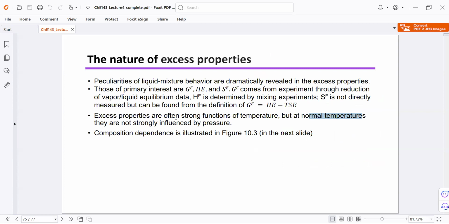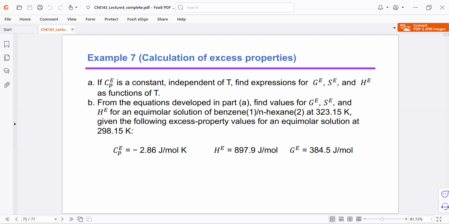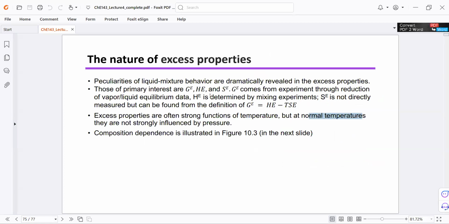So again, excess properties are strong functions of temperature. That's why in our example, we derived expressions for G, S, and H excess in terms of T. And then at normal temperatures, they are not strongly influenced by pressure.